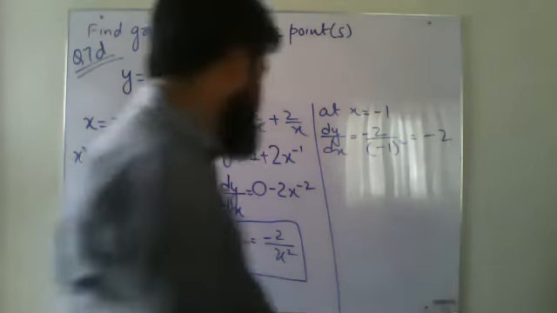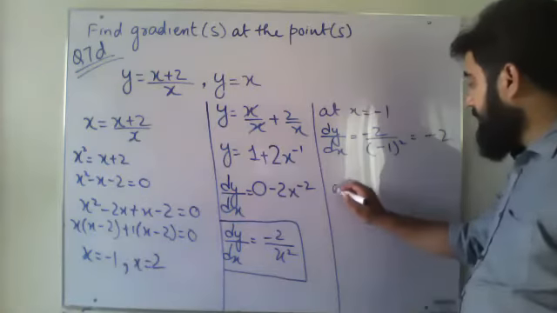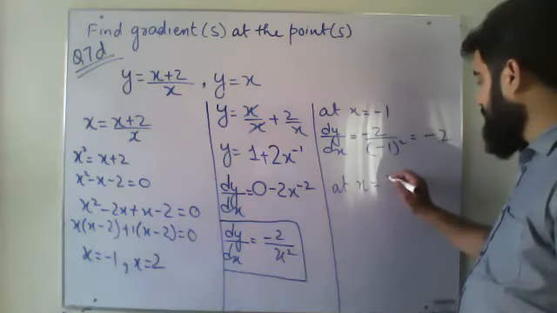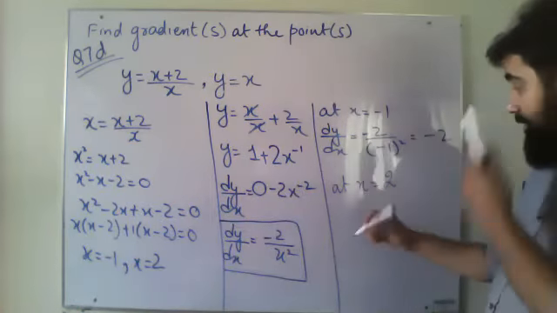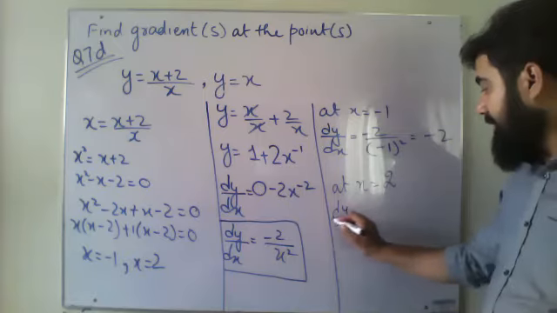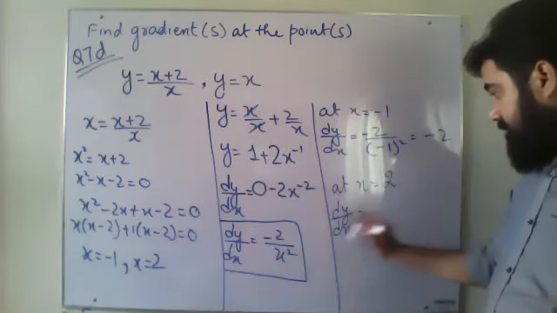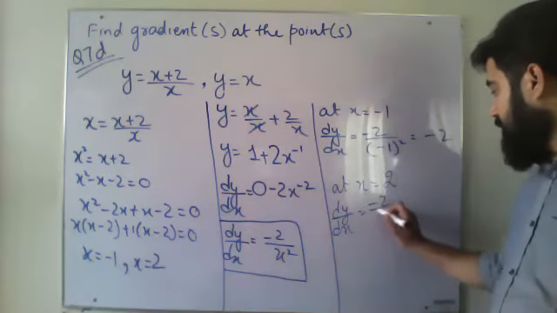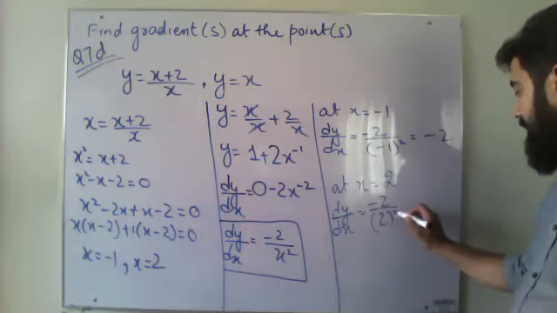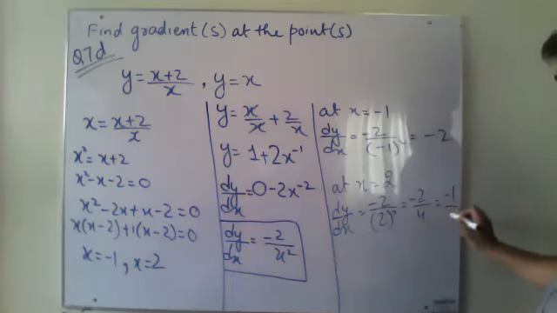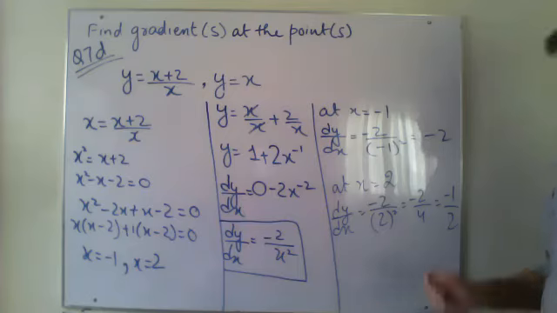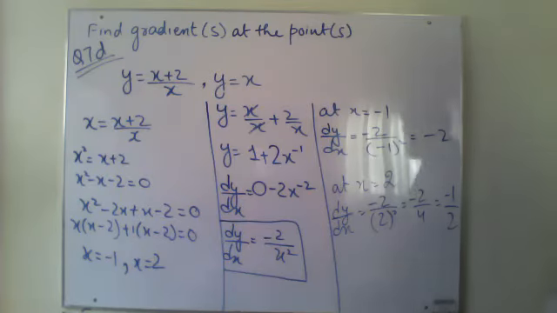And at x equals to 2, which is this one, putting it over here, dy over dx equals minus 2 over 2 whole square, which will be minus 2 over 4, that is minus 1 over 2. That will be your final answer.